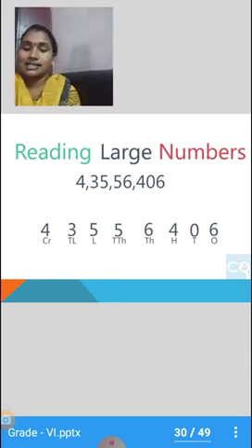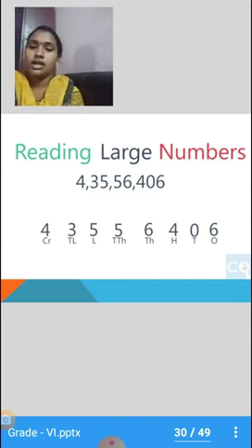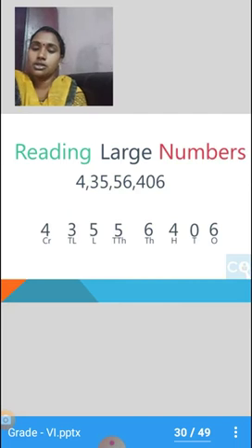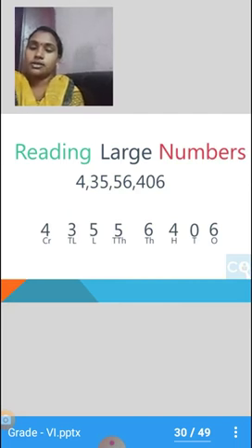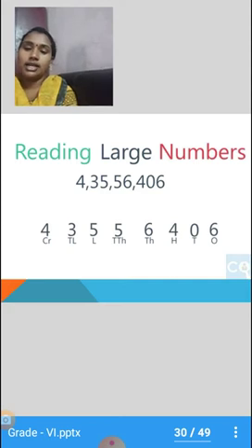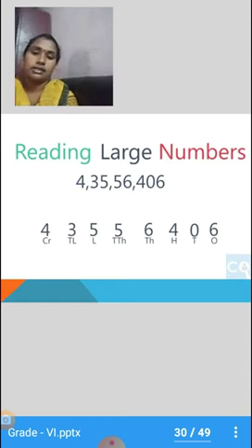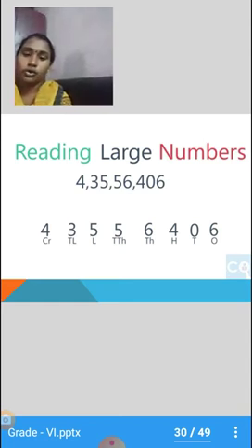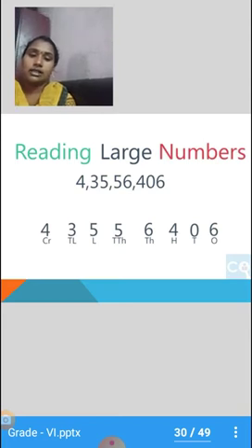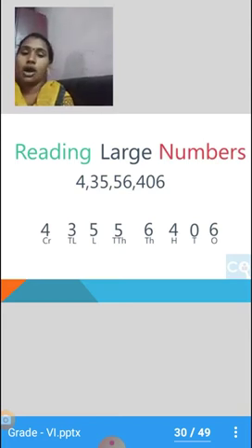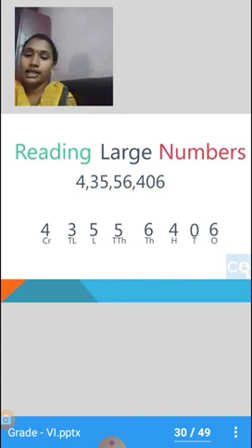So 6 comes to the ones place, 0 comes to the tens place, 4 comes to the hundreds place, 6 comes to the thousands place, 5 comes to the 10,000s place, again 5 comes to lakhs place, and 3 comes to 10 lakhs, and 4 in the crores place. So it is read as 4 crore 35 lakhs 56,406.